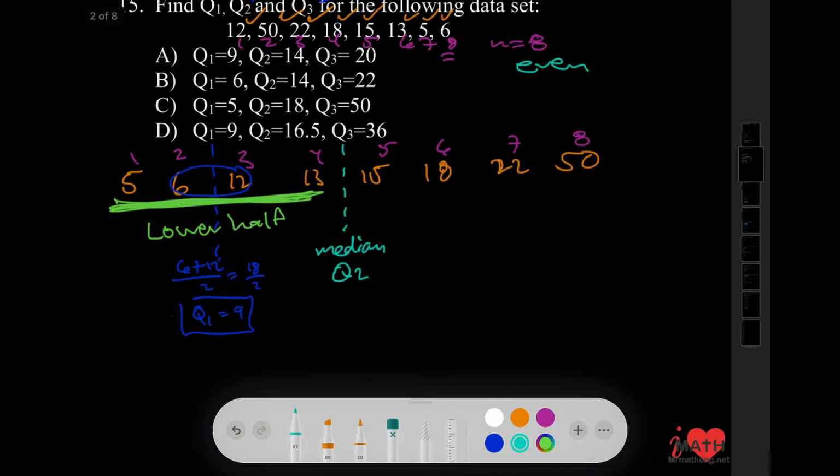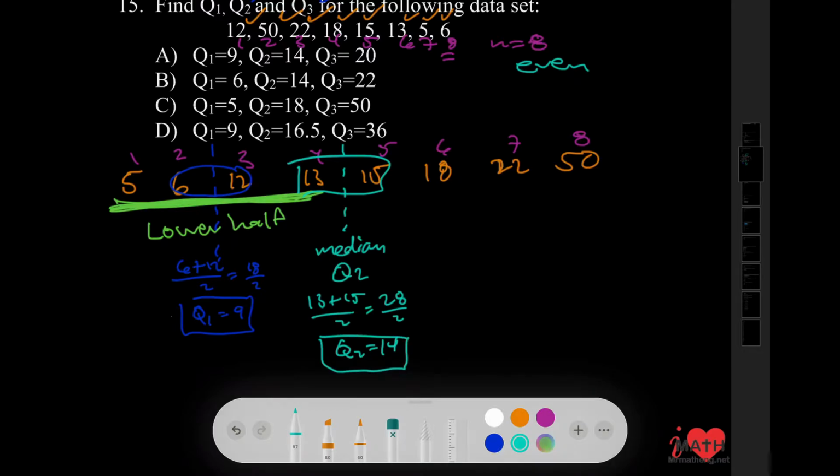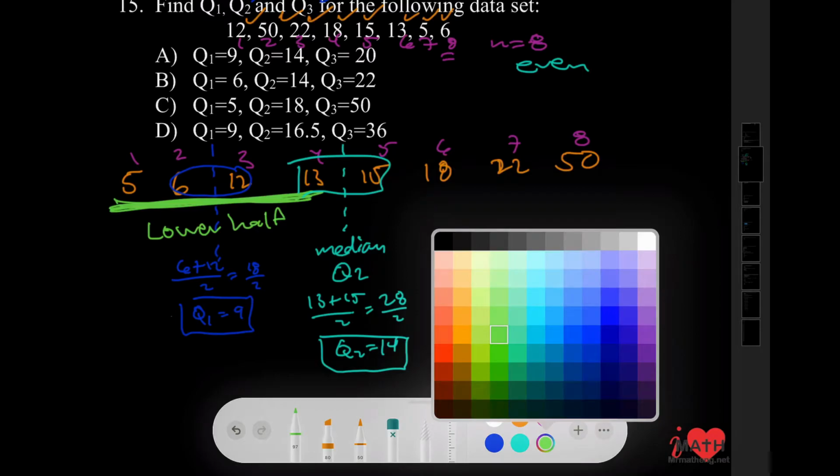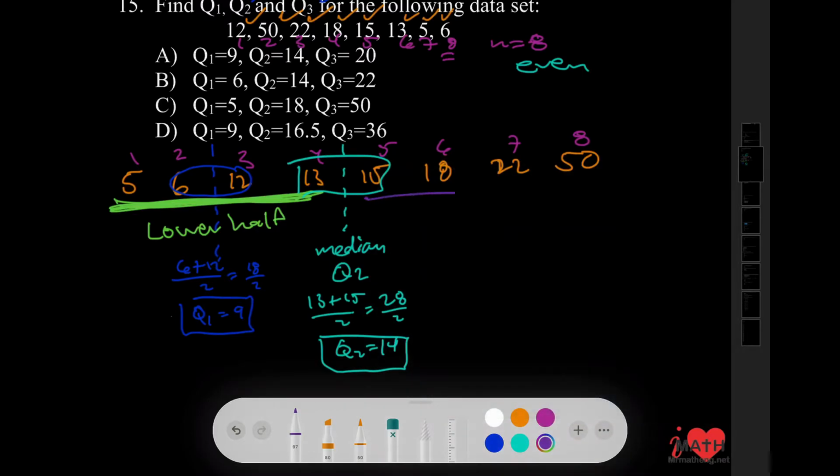Sorry, we didn't even calculate the median here. 13 plus 15 divided by 2 gives me 28 divided by 2, so Q2 is equal to 14. And then let's pick a different color. Purple. The purple represents the upper half, and it represents those 4 numbers: 15, 18, 22, and 50.